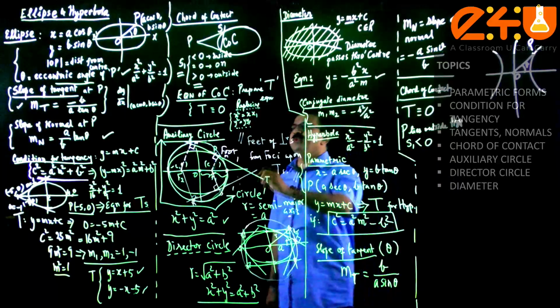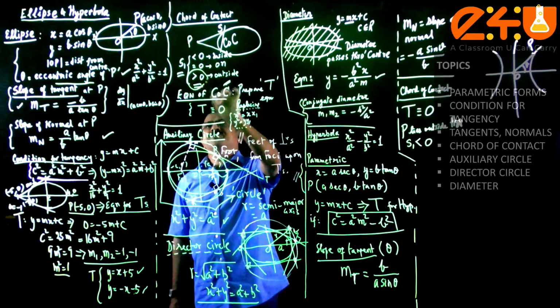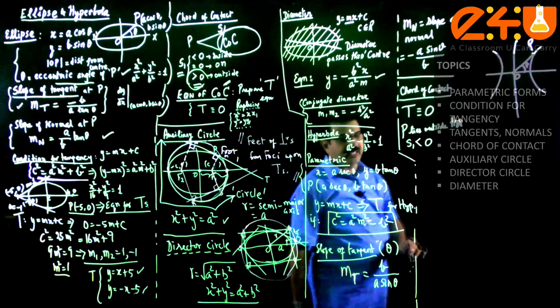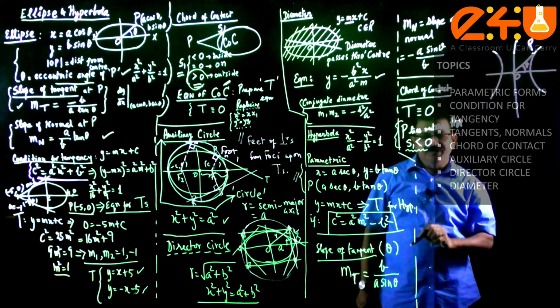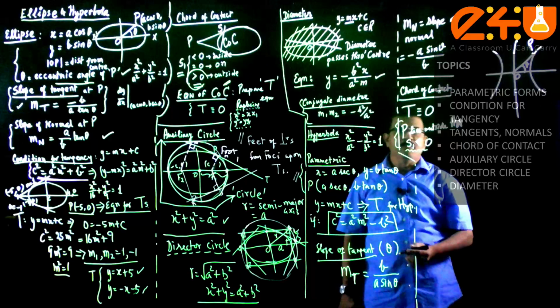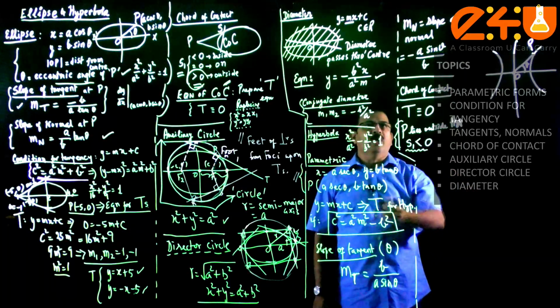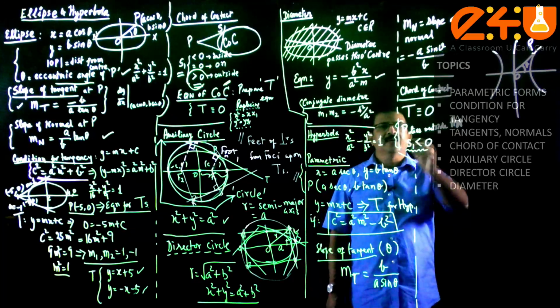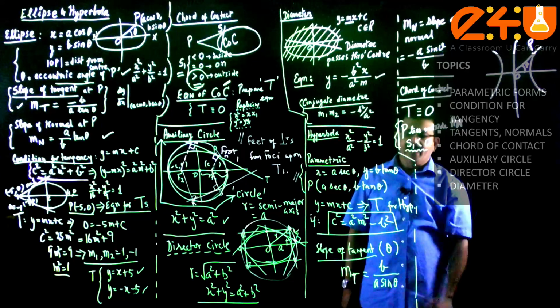In the case of the ellipse, we saw the point lies outside only when S1 is greater than 0. In the case of the hyperbola, it lies outside when S1 is less than 0. So this is one change students have to make note of. After verifying the point lies outside the hyperbola, you can prepare the chord of contact by simply T equal to 0.